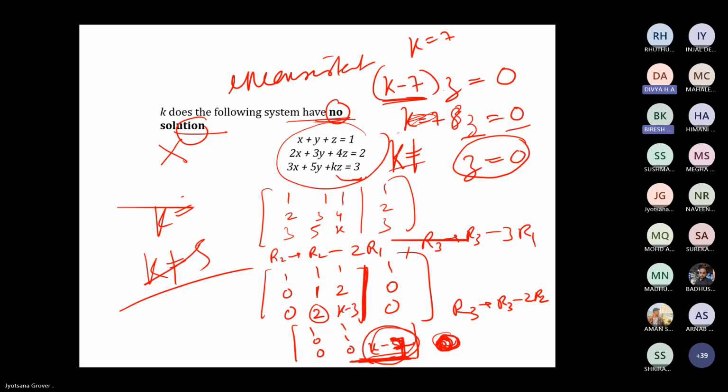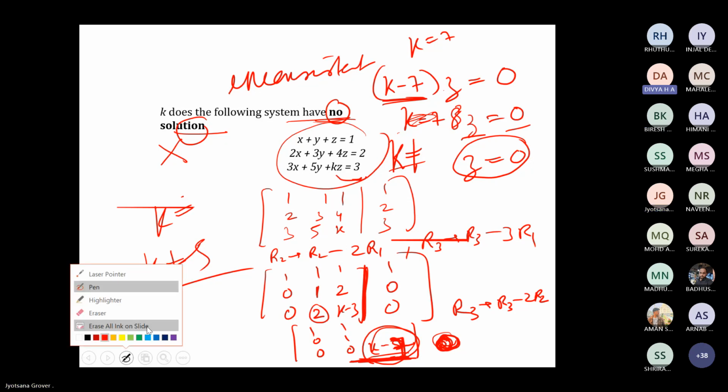It is coming out to be 0 only. Right hand side is getting as 0. Actually, k should come on the right. If it was the fourth column, then we could have told that.